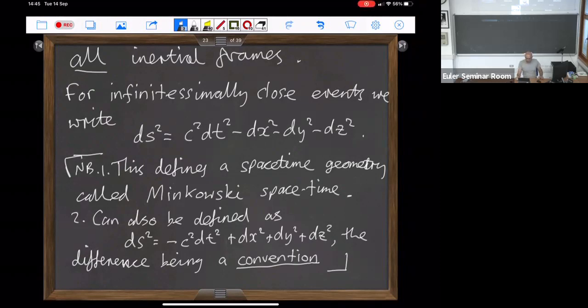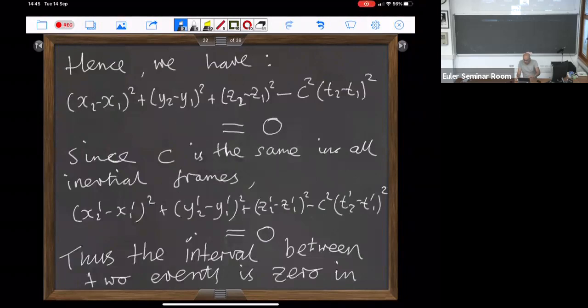So we write that as ds squared is equal to c squared dt squared minus dx squared minus dy squared minus dz squared. That just follows from thinking about these formulae infinitesimally. So instead of x2 minus x1, we now have delta x1.